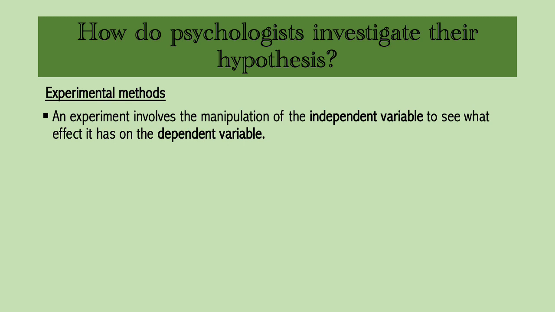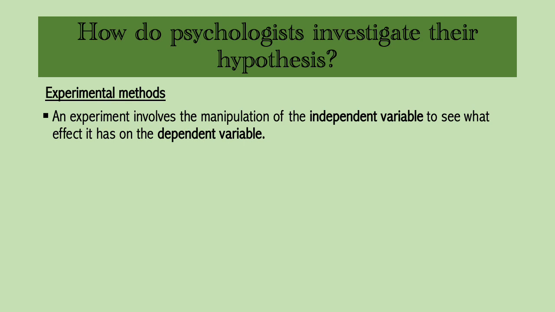I already taught you what is IV, right? IV is the variable that can be manipulated, and then DV is the result of that manipulation. So experimental method will have IV, and will also have DV. Okay, so this is the definition for experimental method. There is manipulation of IV to see its effects on the DV.